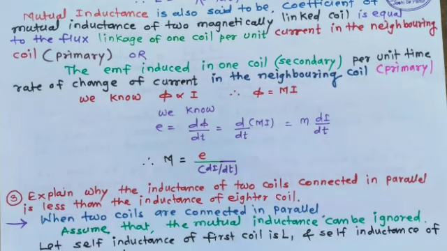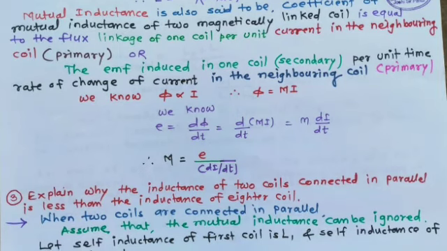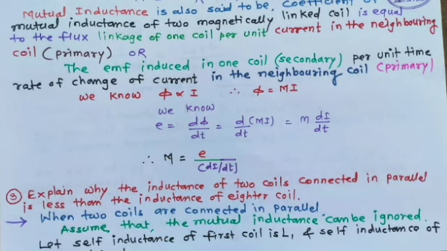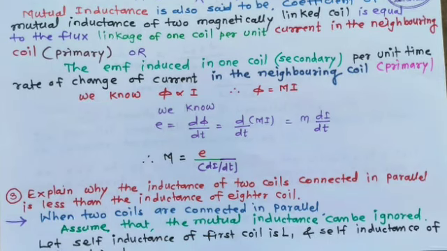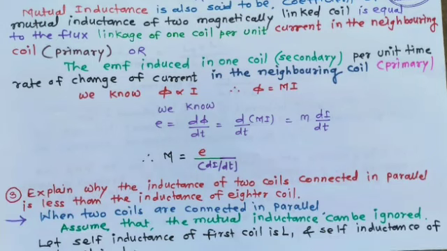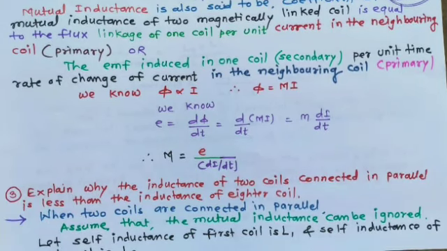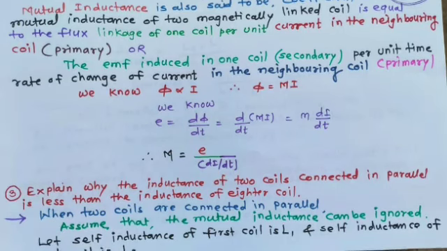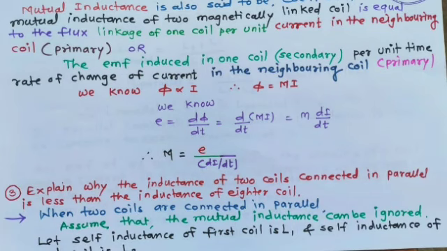We know phi is directly proportional to I, therefore phi equals Mi. We know E equals d phi upon dt, therefore d upon dt of Mi. So E equals M di upon dt, and therefore M equals E upon di upon dt.